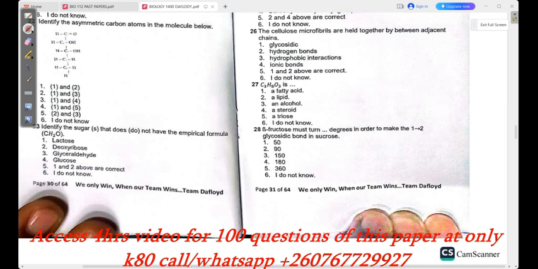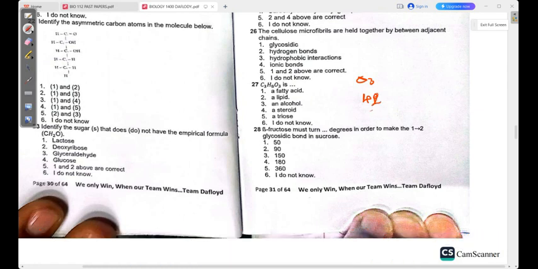C3H8O2 ether. This is a triose, for the fact that it has 3 carbons. 4 is going to be quad, then 5 is pent, 6 is hex.